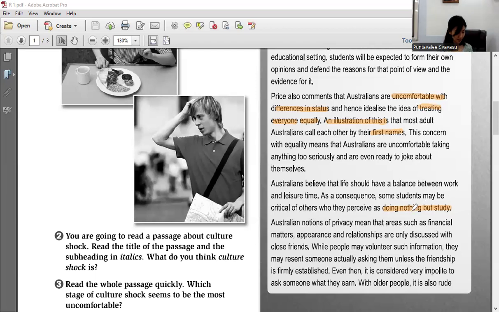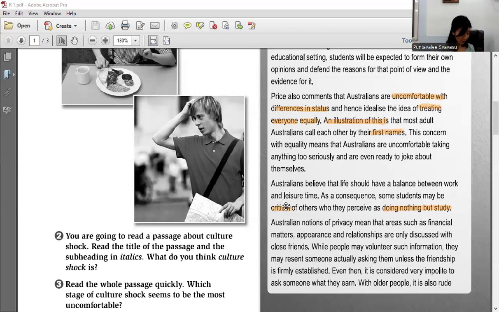And another keyword is here, critical of others. Critical in Thai would be วิจารณ์. When we use the words critical, criticize, critique, it's a little bit negative, like someone who likes to criticize others. So the students who do nothing but study are criticized, receiving critiques from others.